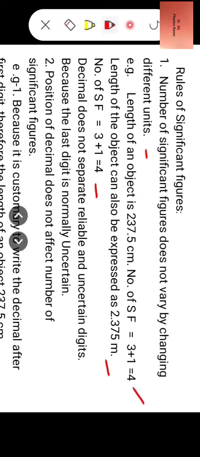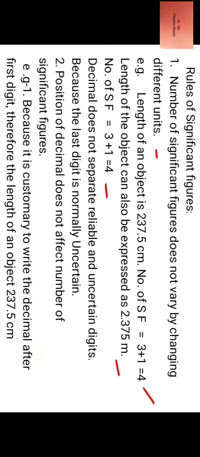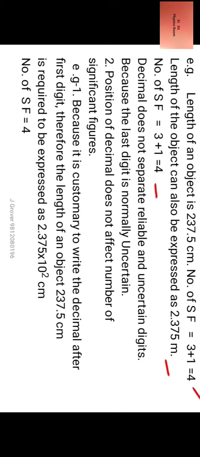Now another point we have to mark is that the decimal does not separate reliable and uncertain digits, because the last digit is normally uncertain. Now this takes us to the second rule, that is, the position of the decimal does not affect the number of significant figures.